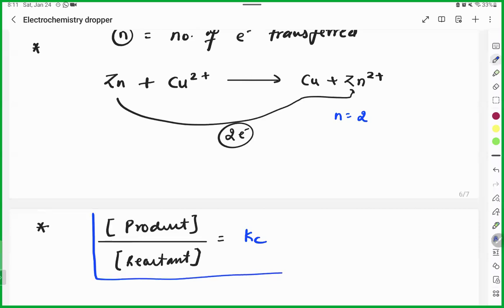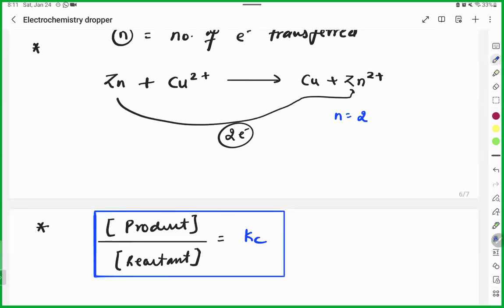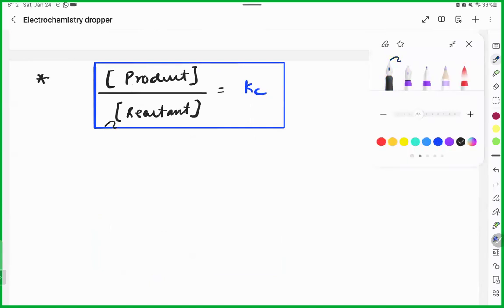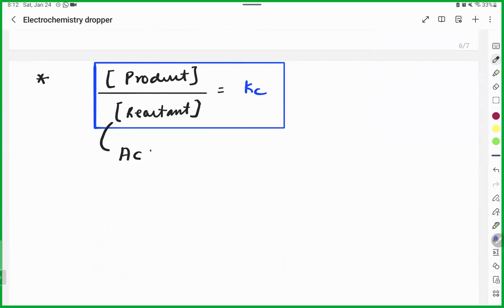So I will use some content to explain this Kc. Kc is the equilibrium constant when you are using concentration. What does this bracket mean? Active mass. This active mass is almost like concentration, whose symbol is the square bracket.